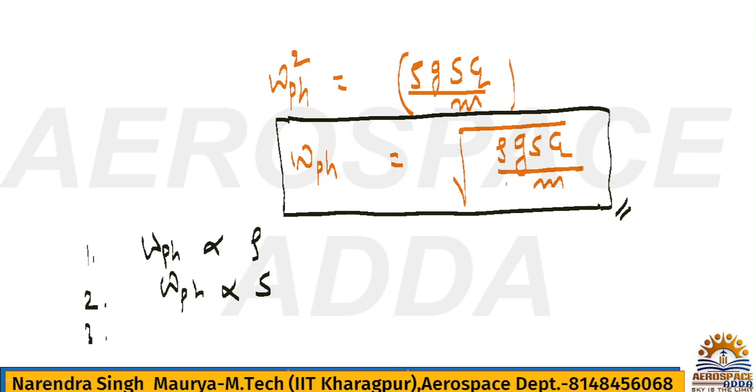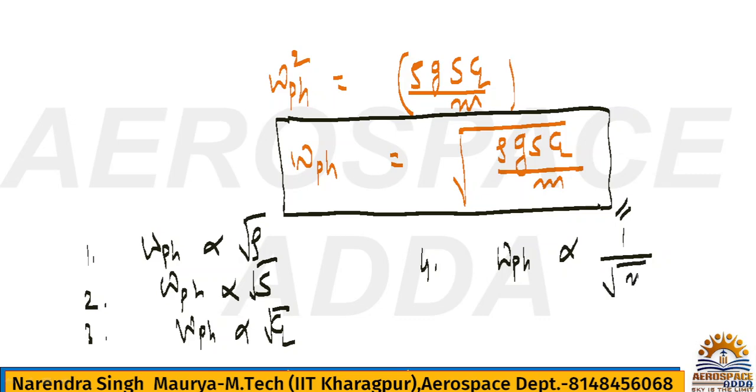G we are taking constant, so I'm not going to write that. wph is also directly proportional to CL, it's all under the root. And a very important point 4, wph is inversely proportional to mass. If you change the mass of the airplane, then the Phugoid motion frequency will change. This is a very important theory, and they are asking questions from here.